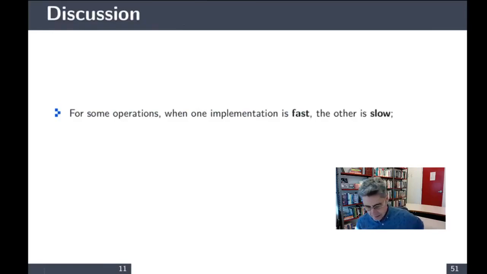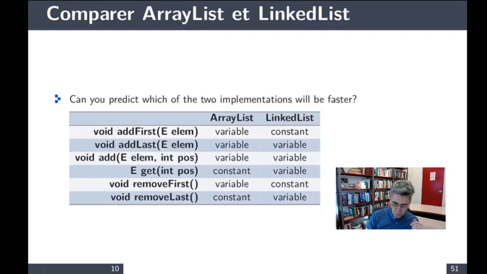Okay, so you see that for some operations, when one implementation was fast, the other one was slow. Accessing the first position of the linked list is always fast. However, when using an array-based implementation, this is an operation that is slow. When we are reading the content of an intermediate position of the array-based implementation of a list, this is fast.